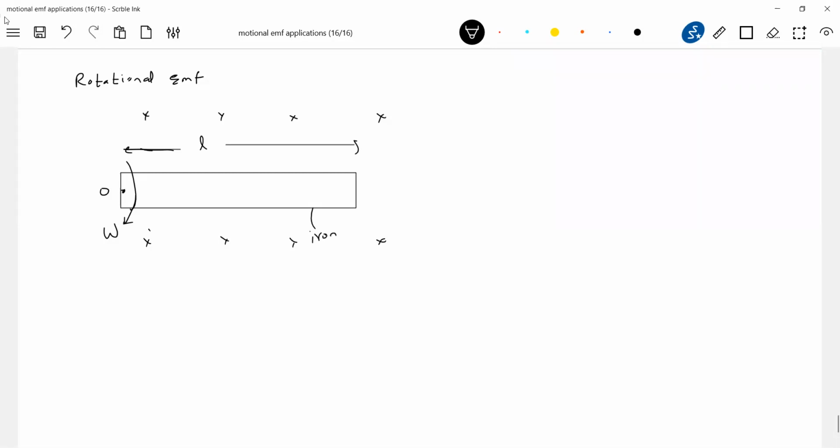Why is that EMF generated? Again, you take help of a positive charge. This positive charge, in what direction will it have a speed, a tangential speed? Let it be at a distance r, let there be a hypothetical positive charge.